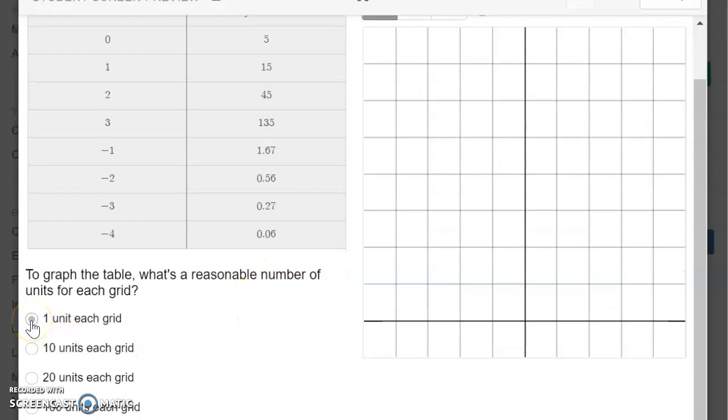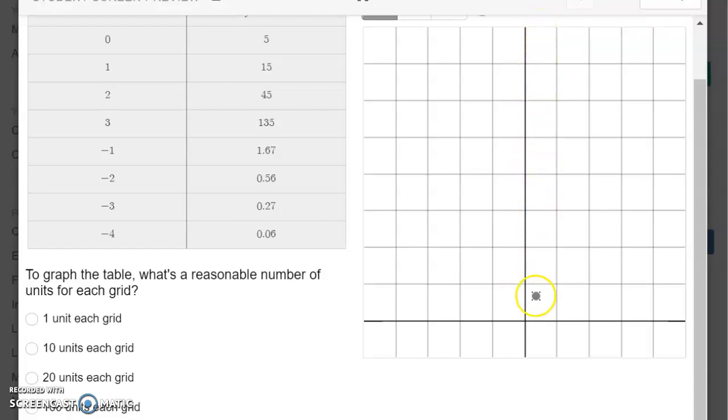If I use 1 unit for each grid line, then I am only going to go up to 16. 16 is not enough for 135. So what if I went to 10 units each? I have 1, 2, 3, 4, 5, 6, 7, 8 grid lines, so that would go 10, 20, 30, 40, 50, 60, 70, 80. 80 is not enough.